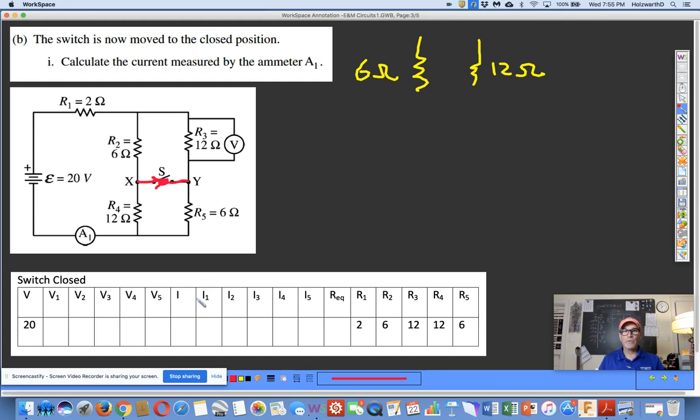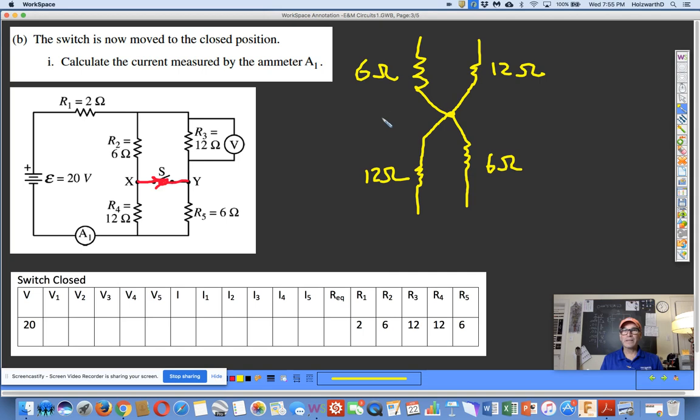And I'm going to show that in this diagram. So instead of having a long wire between them, you can replace it by connecting right there, creating a node, a junction. And then I'm going to show the 12 ohm resistor and the 6 ohm resistor. So here's R4, that 12 ohm resistor, and then here's R5, that 6 ohm resistor.